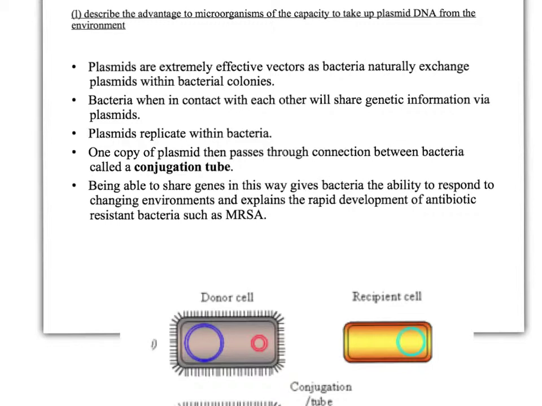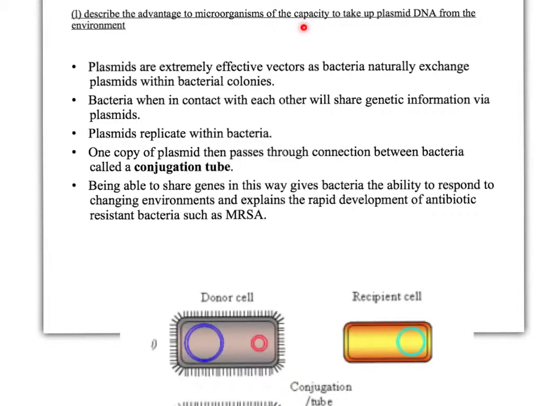This is quite interesting because it almost confronts our view of prokaryotes as being single-celled organisms, because they actually share genetic information with each other in a way that eukaryotic cells don't. It challenges our rather simplistic view. In actual fact, there's an awful lot of coordination between the cells of bacteria living in a colony.